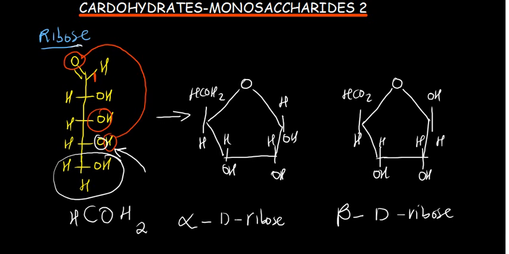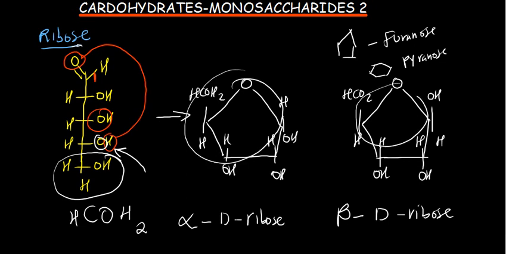Now when you see a structure that looks like a pentagon, this is always called a Furanose ring. When you see a structure which looks like a hexagon, this is called a Pyranose ring. So because this looks like a pentagon, that's a Furanose ring.